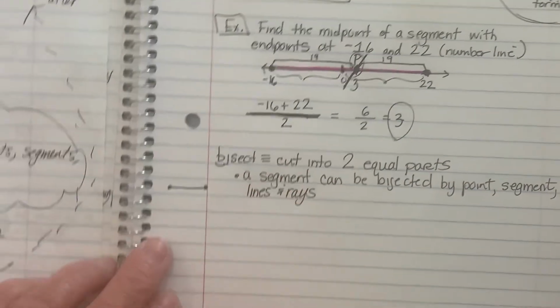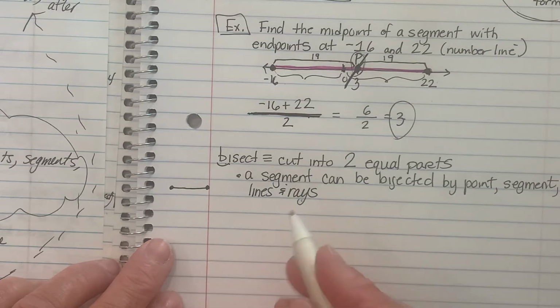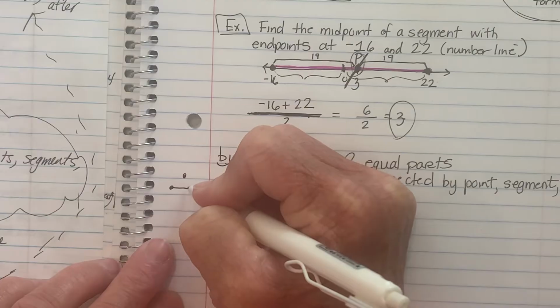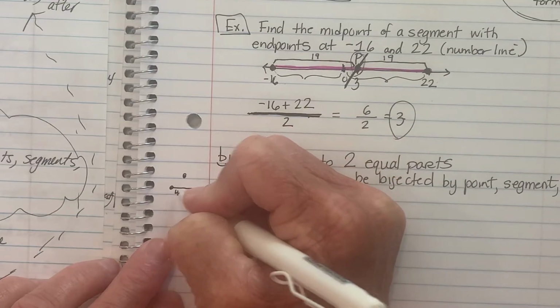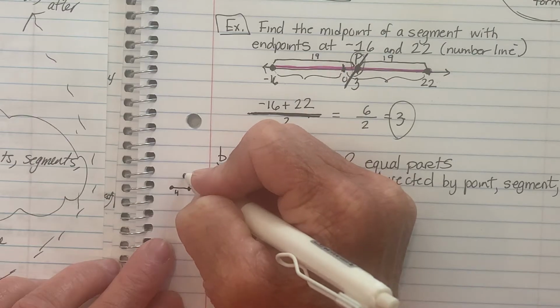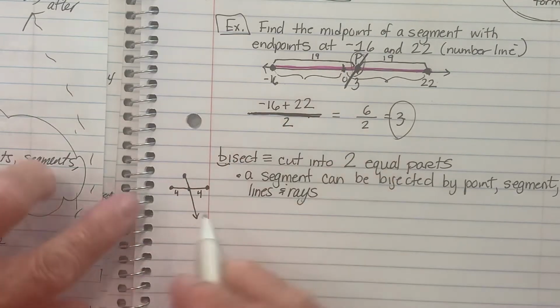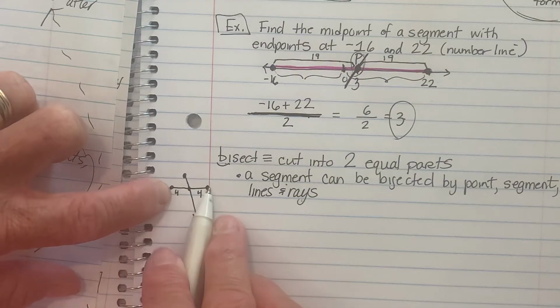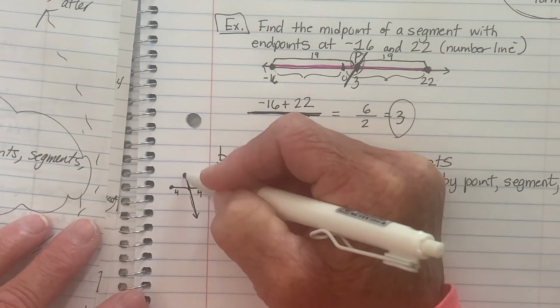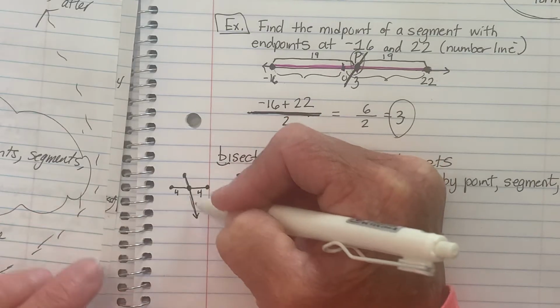If this is my line segment, we'll define this better in another lesson. A ray starts at an endpoint, and if this part was 4 and this part was 4, and it passed through the point like such, that split this original segment that was 8 units long into 2 equal pieces, then the ray is acting as a bisector. So is the point where it hits.